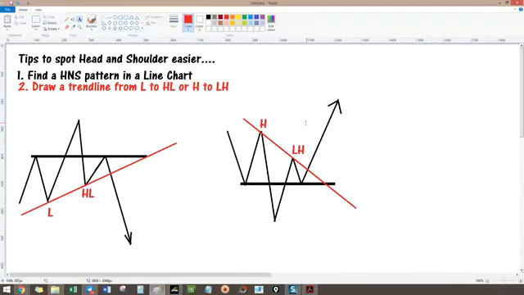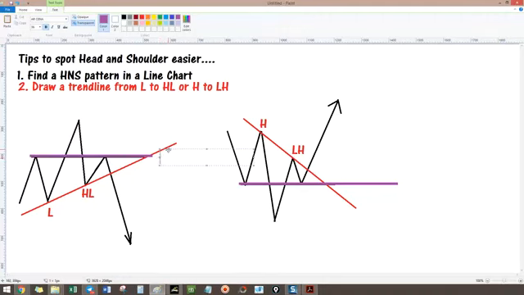Okay, and then number 3, let's do this in purple. This is the HNS level.